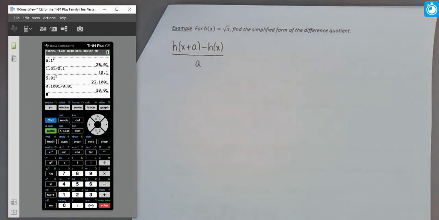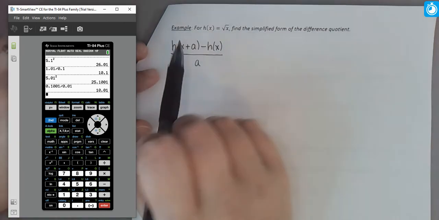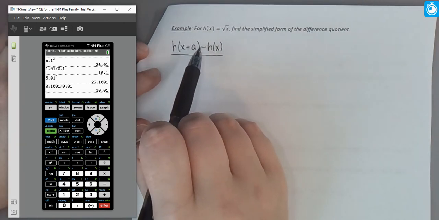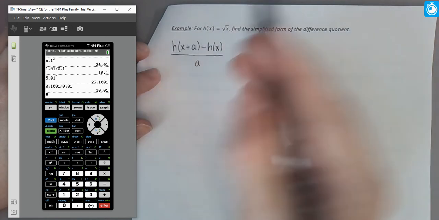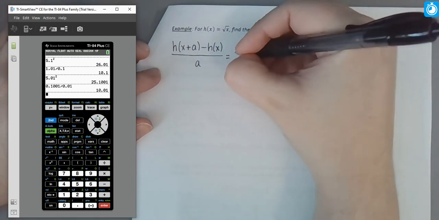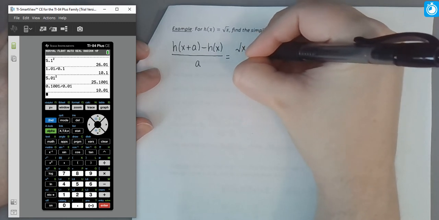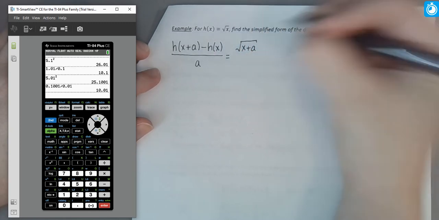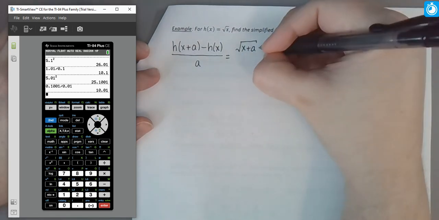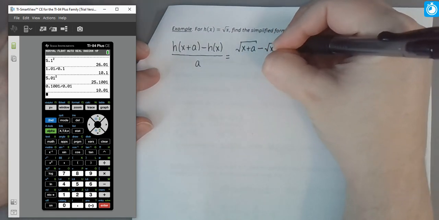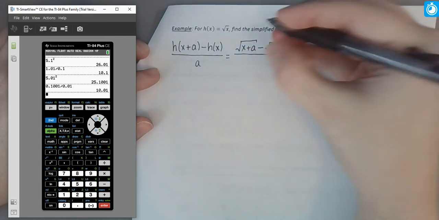Okay. So what is this going to look like? Now, same idea as before. H of x plus a in this case just means we're going to take the rule for the function h and then sub in this specific input. So that's going to be the square root of x plus a, and then we're subtracting h of x, so minus the square root of x, all divided by a.